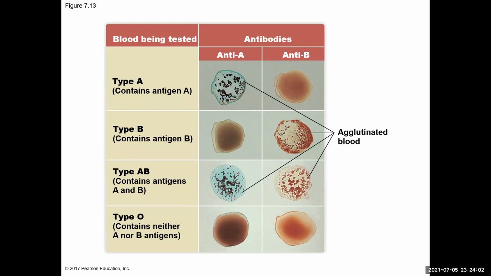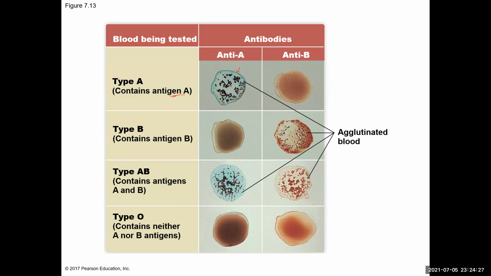Right? So you would have your plate with your different wells, where you would put your sample of blood in the plate, and then you would add anti-A antibodies. So basically the antibodies that bind to the A antigen. For example, these would be the antibodies found in B blood.